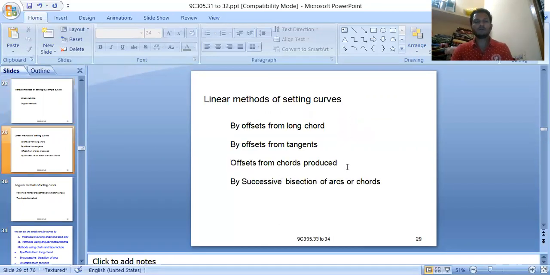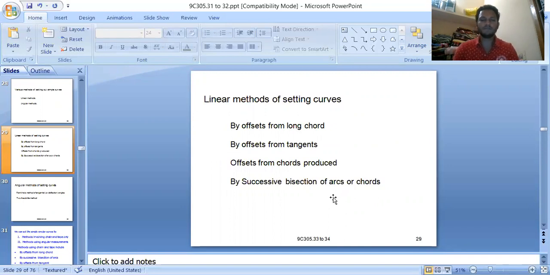These are different linear methods of curve setting. We have offsets from long chord, offsets from tangents, offsets from chords produced, successive bisection of arcs or chords. These are 4 different linear methods of curve setting.